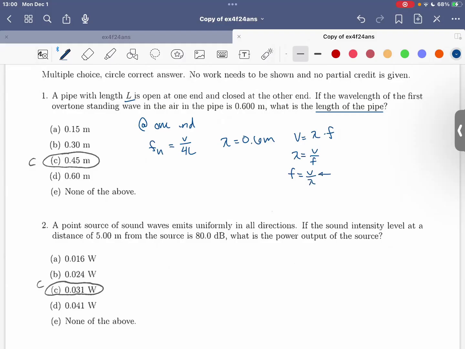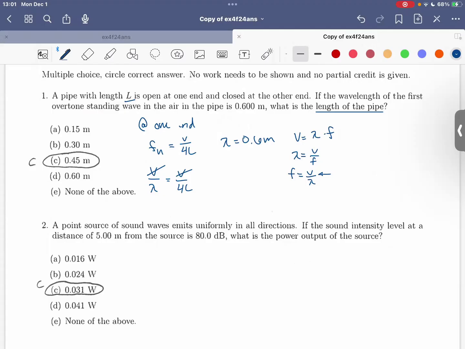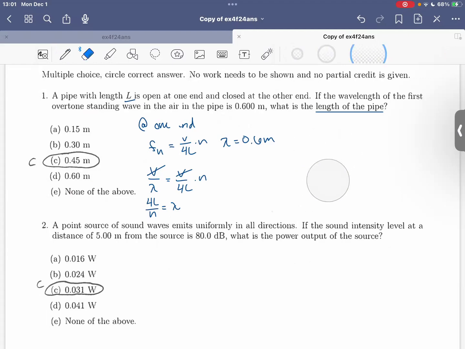We'll plug the second one in: velocity over wavelength is equal to n times velocity over 4L. You can see here that the velocities cancel out. We're actually missing the n in the equation. And so now you can see that 4L over n is equal to the wavelength. Now that we have this, we can just plug everything in.